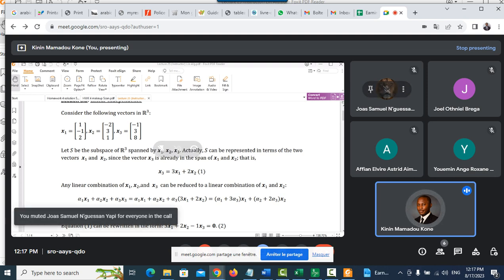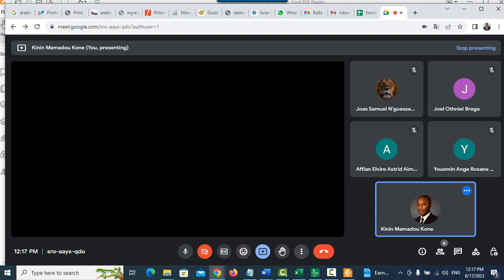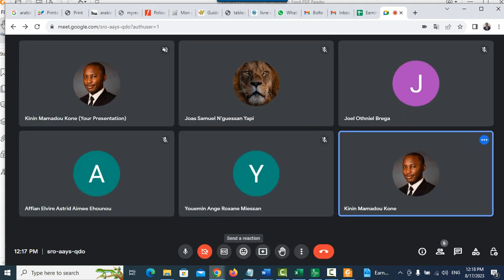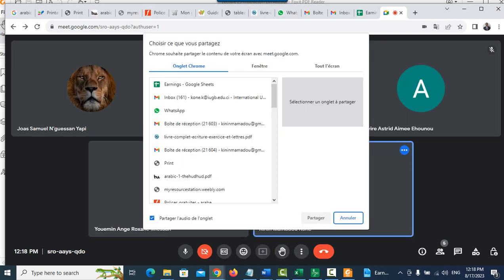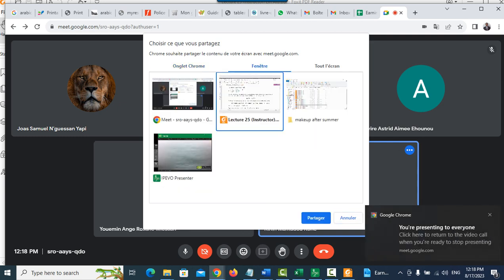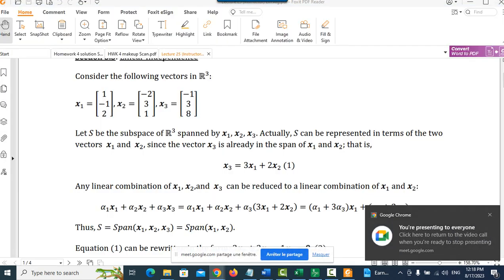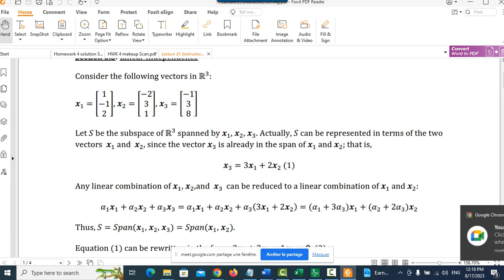Okay, so let S be the subspace spanned by these three vectors. Actually, S can be represented in terms of two vectors x1 and x2, since the vector x3 is already in the span of x1 and x2.